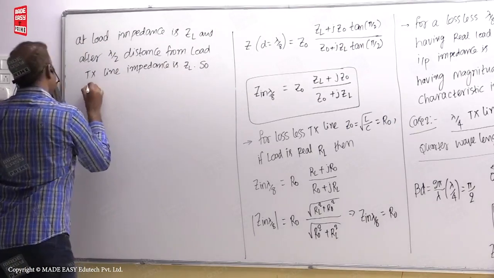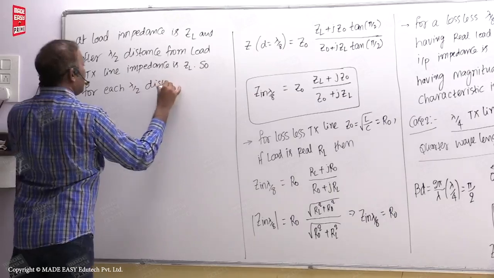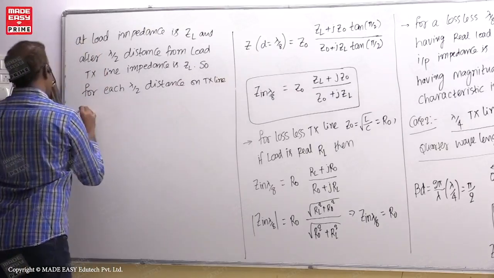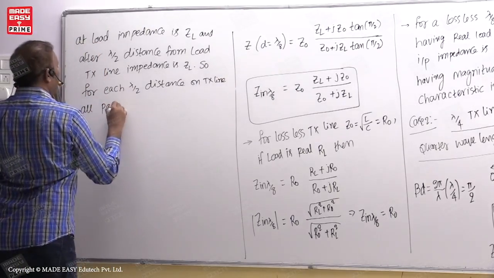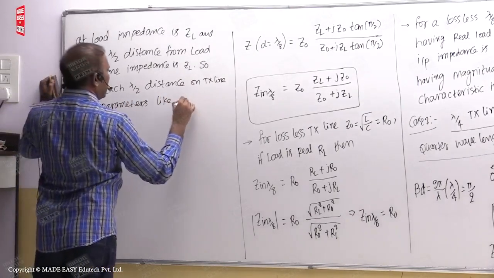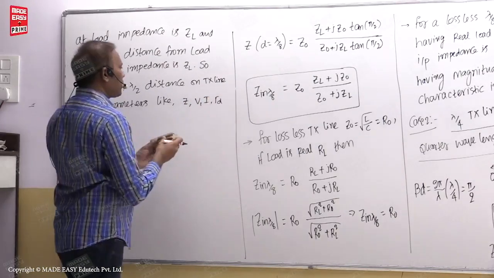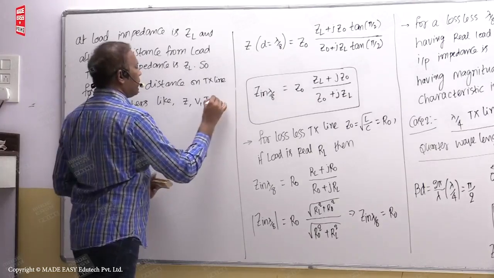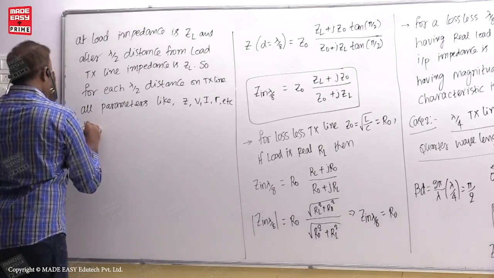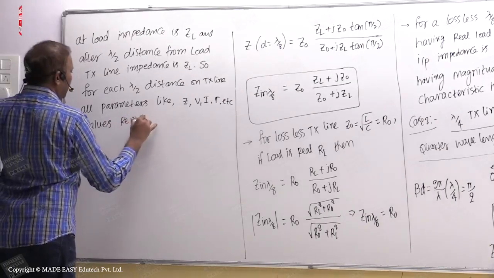So for each lambda by 2 distance on the transmission line, all parameters like impedance, voltage, current, gamma, reflection coefficient, etc. values repeat.